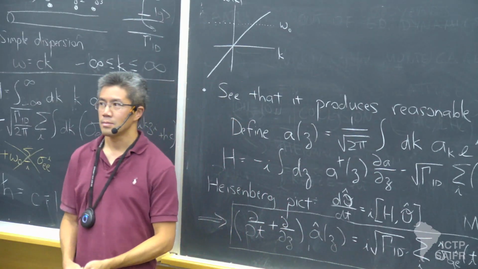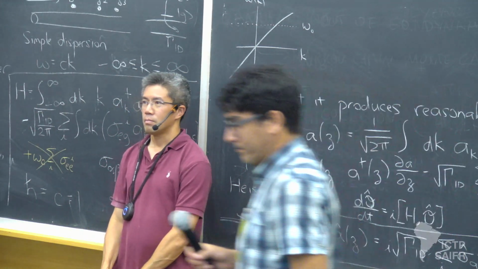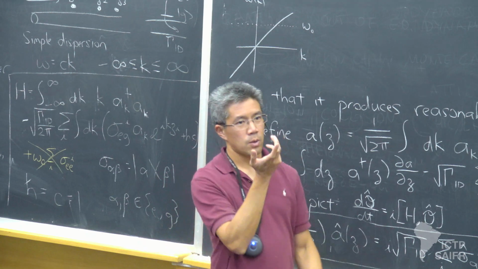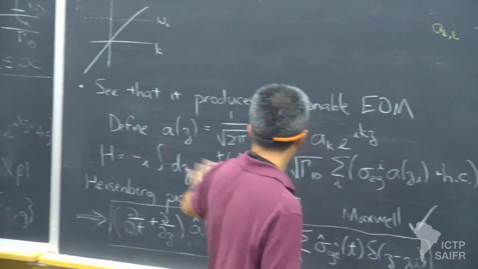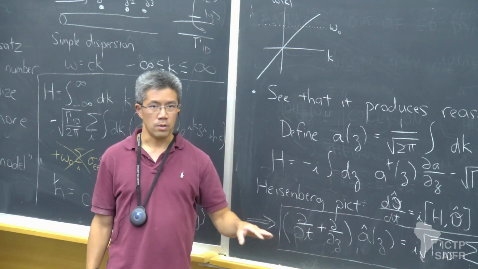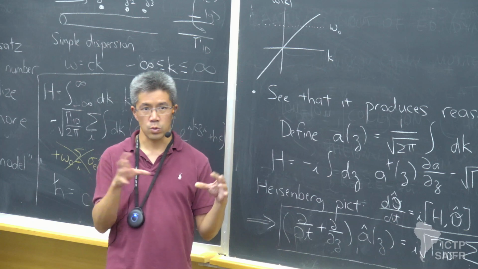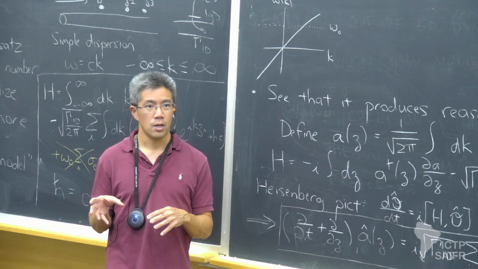Are there more questions? If you want a more mathematical answer, one nice thing about this model is that we get a first order differential equation for the field. Of course, even in classical Maxwell's equations, the real wave equation is second order.